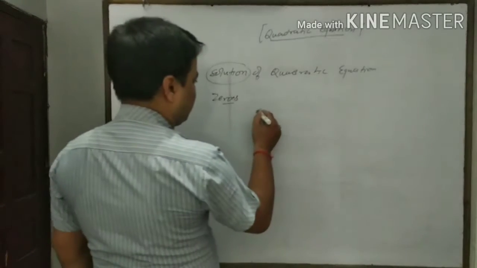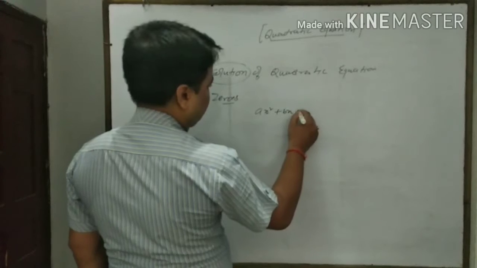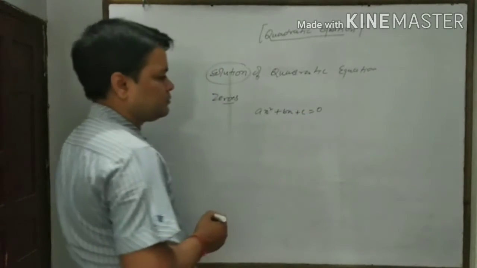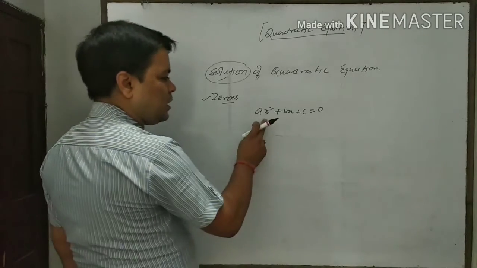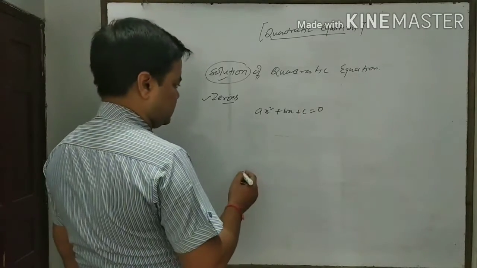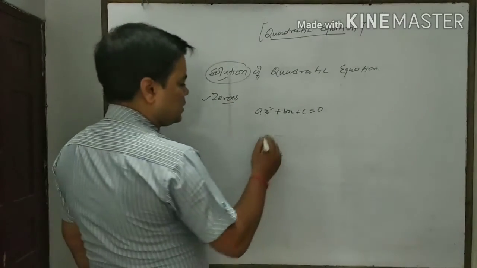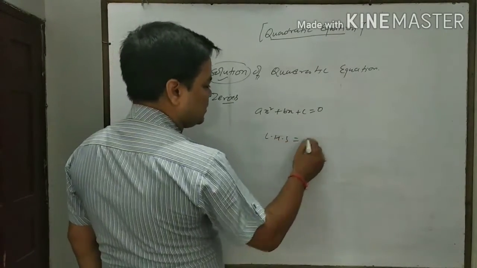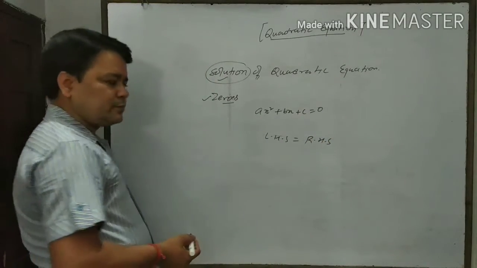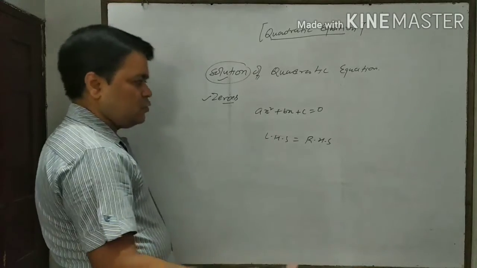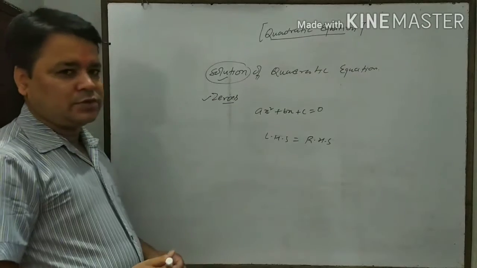It means if we have the standard form ax square plus bx plus c is equal to 0, the zeros or solutions are some values of x for which the left hand side is equal to the right hand side. That value of x is called a zero of this quadratic equation.